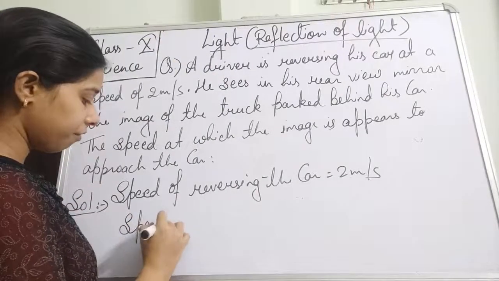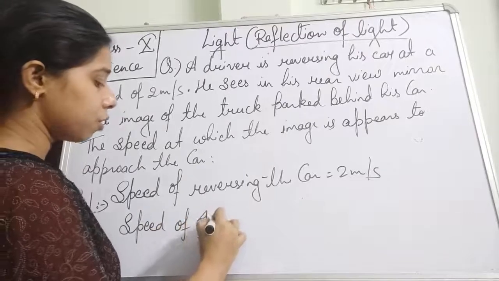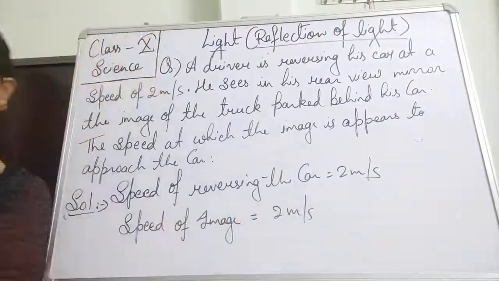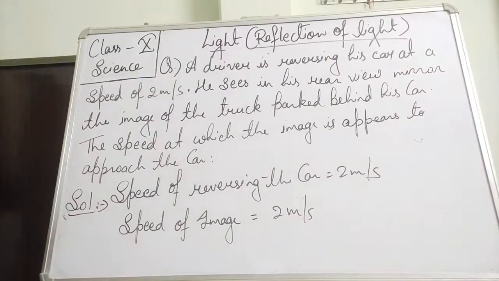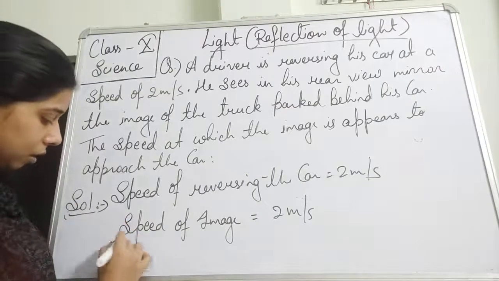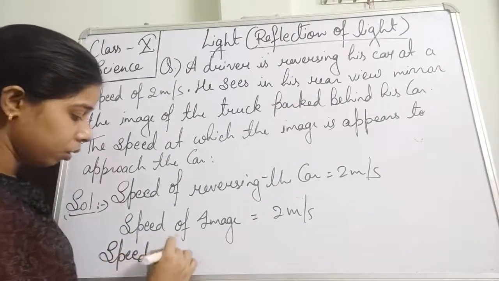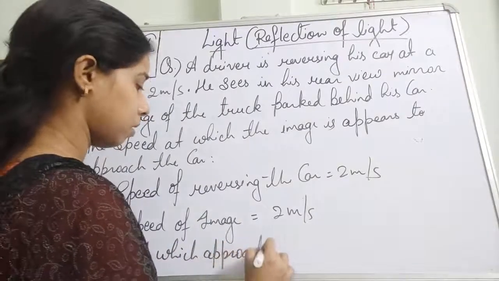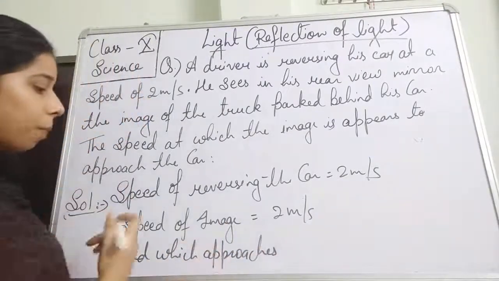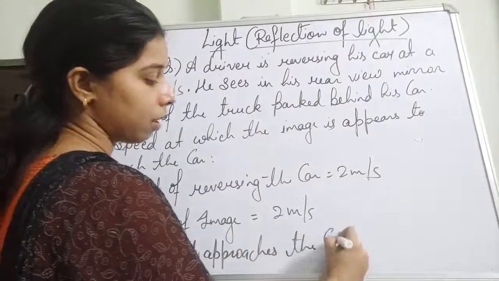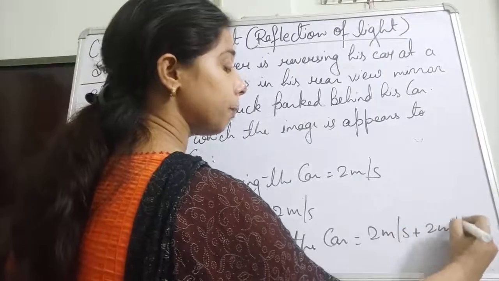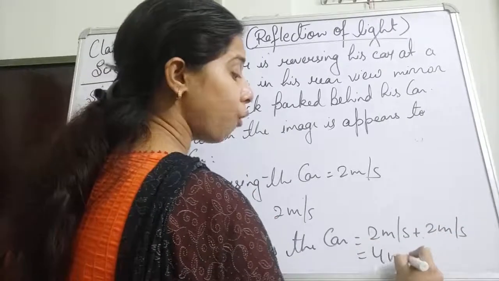So the total speed at which the image appears to approach the car will be equal to 2 meter per second plus 2 meter per second, that is equal to 4 meter per second.